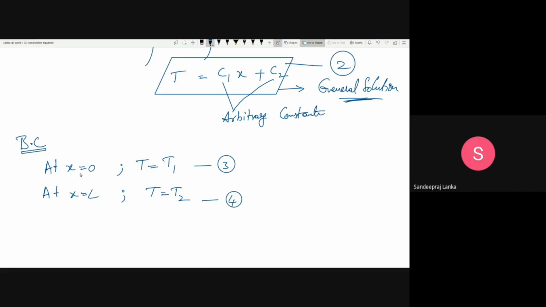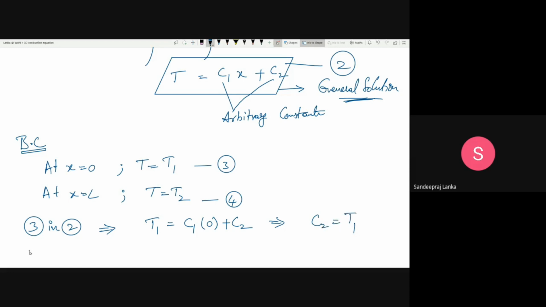Now I will take these boundary conditions and substitute them into equation 2. Let me take 3 in 2. If I do that, I have T1 equal to C1 into 0 plus C2. So C2 is nothing but T1.